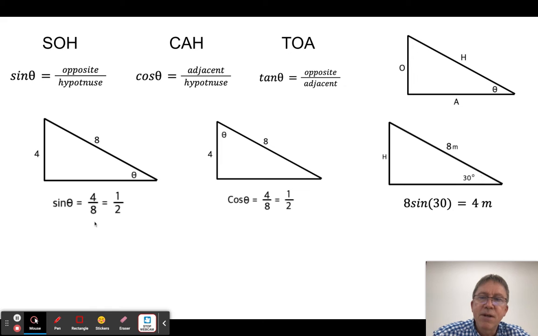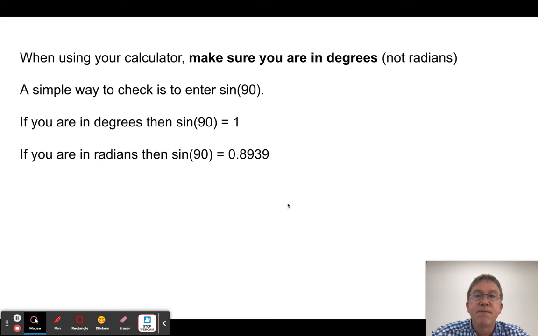Now, if you go back over here, if I just say sine theta equals 4 over 8, and I move the 8 over, I'd say 8 times sine theta would equal 4, which is the height here. And that is just a scenario that comes up quite often in AP Physics.